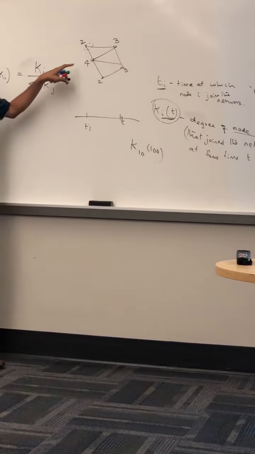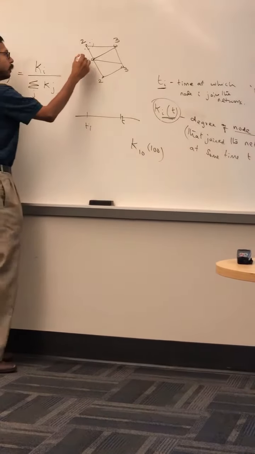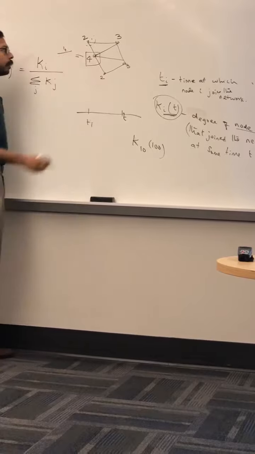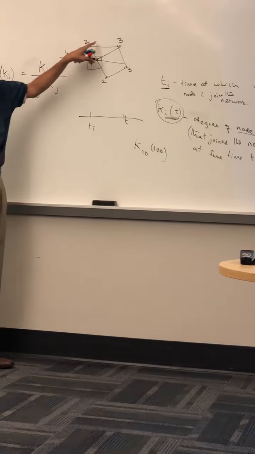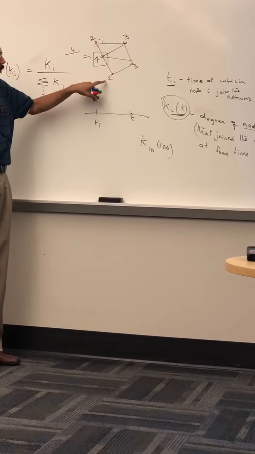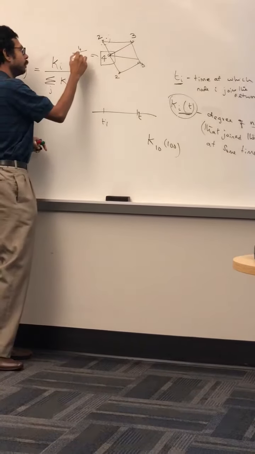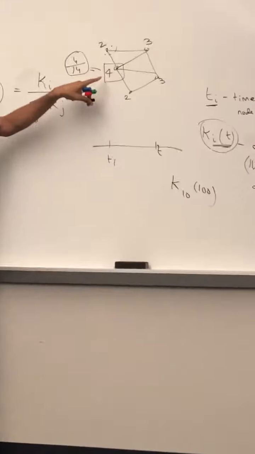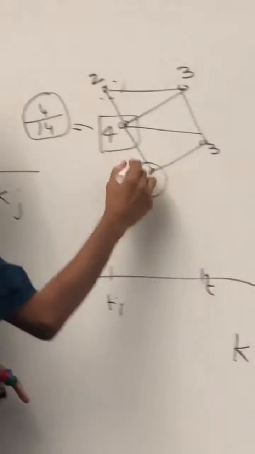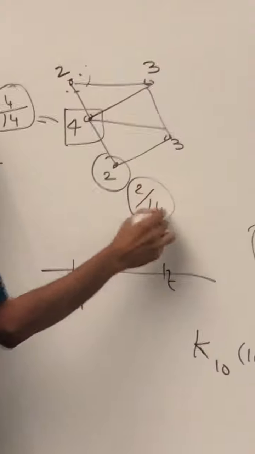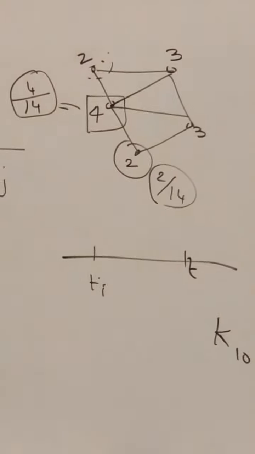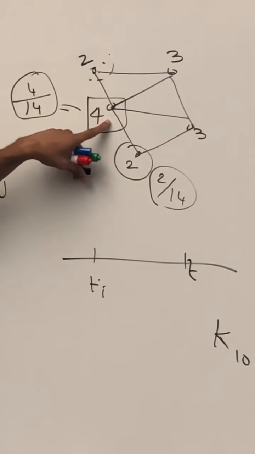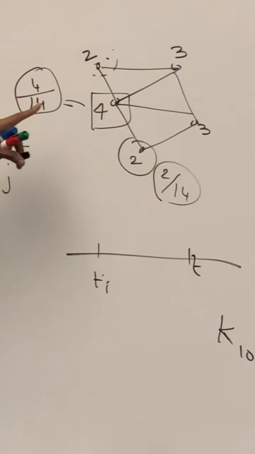So the probability for this node is going to be what? 4 divided by the sum of all the degrees: 2 plus 3, 5, plus 8, plus 10, 14. So this is the probability for this node to get the new link, whereas this node will have a probability of 2 over 14. Is that clear?